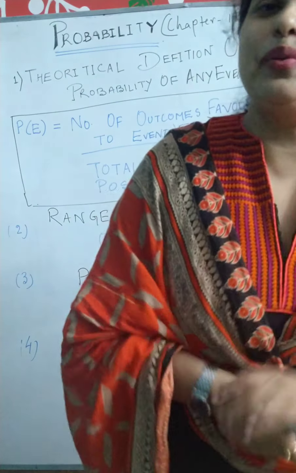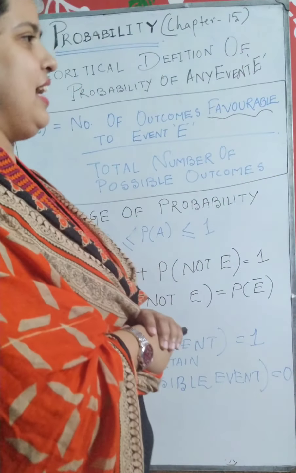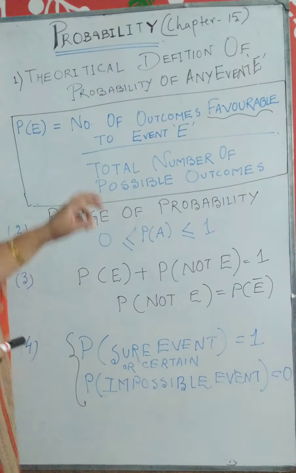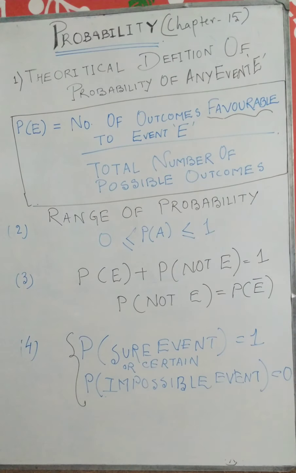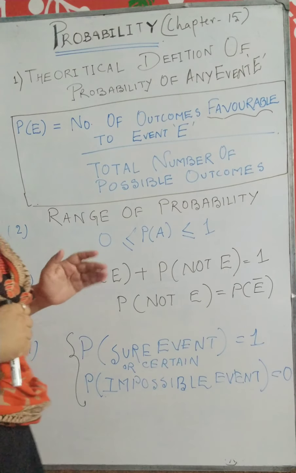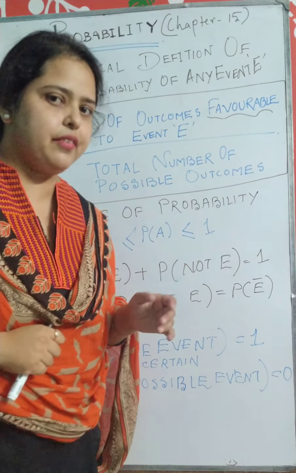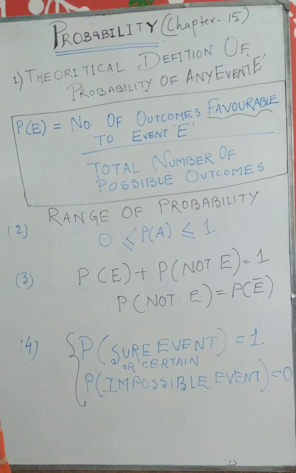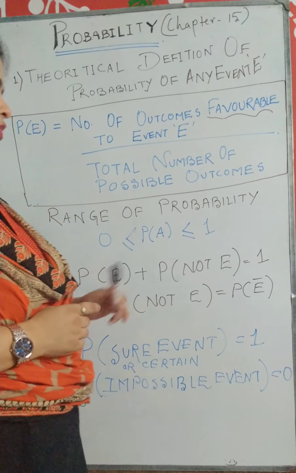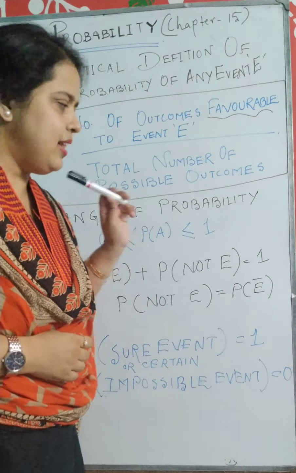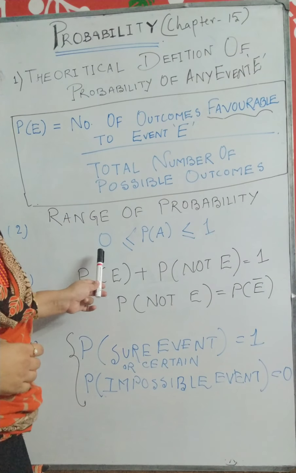So what I want to say is that whenever you're calculating favorable outcomes by total number of possible outcomes, this is a ratio. The maximum value of the ratio can be 1 and the minimum value can be 0.